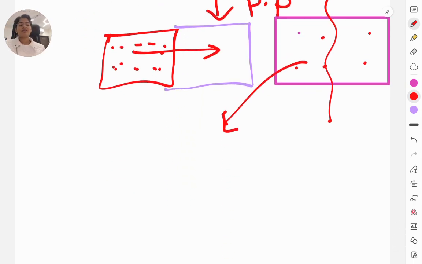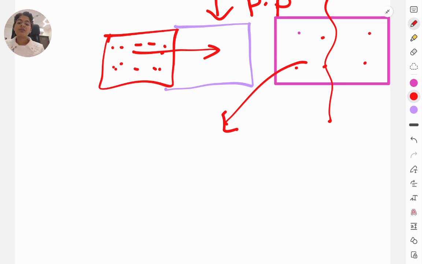Now why we did it: we wanted to know whether we can compensate the plasma protein with the protein which we consume through diet.